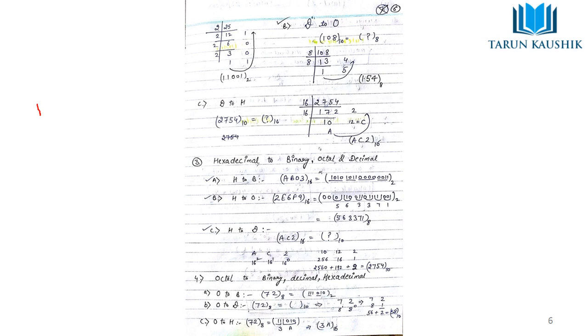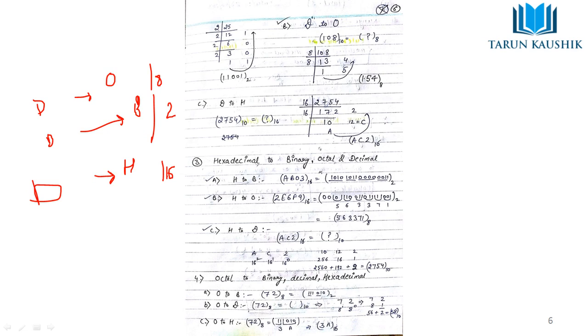For example, if you are moving from D to octal, then divide by 8. If you are moving from D to binary, then divide by 2. If you are moving from D to hexadecimal, then divide by 16. This is the process which we have done in this form.